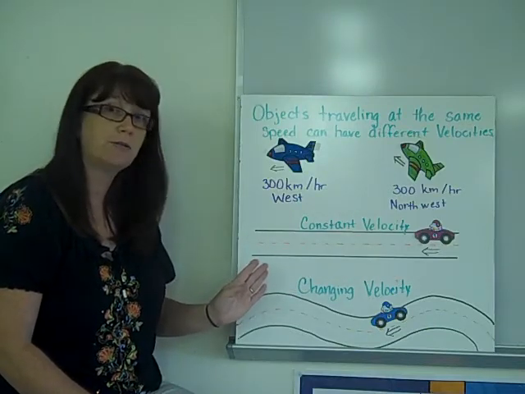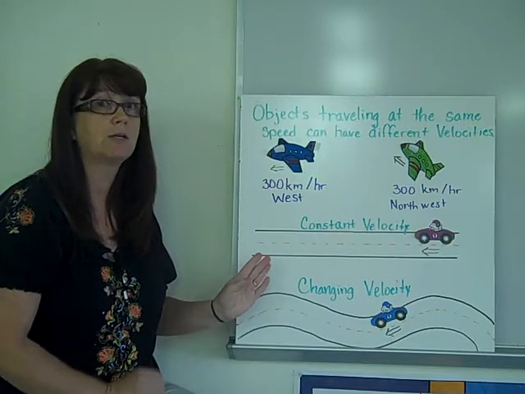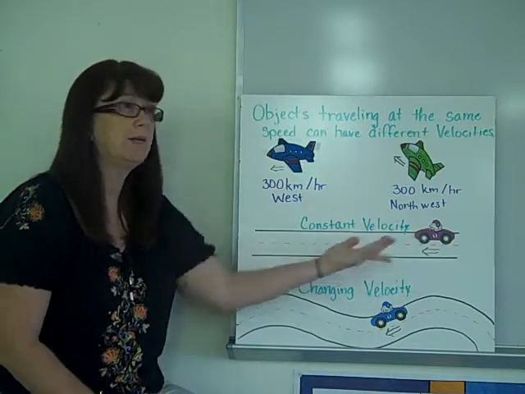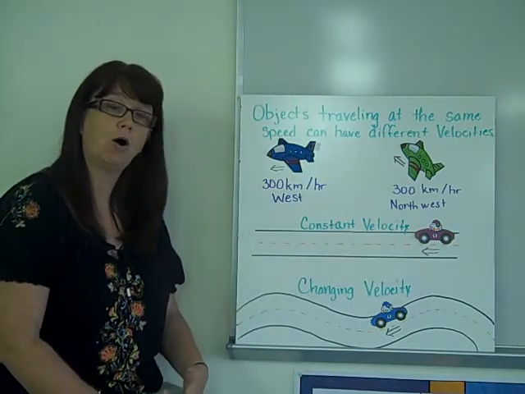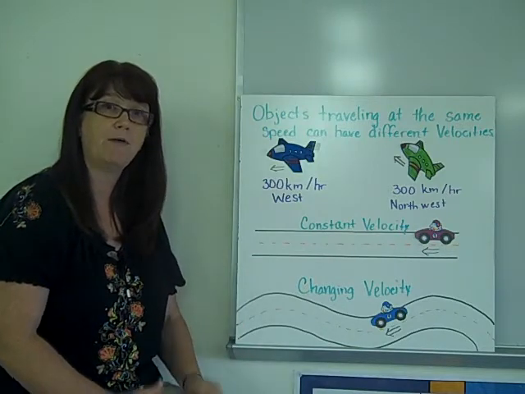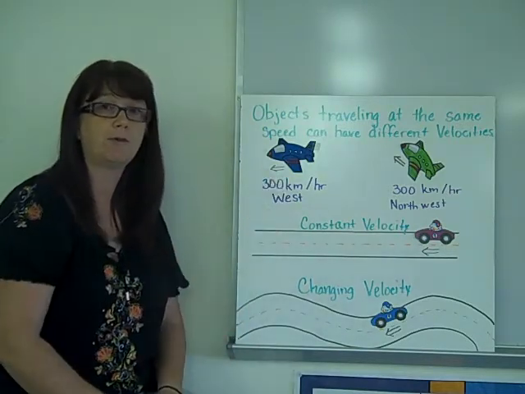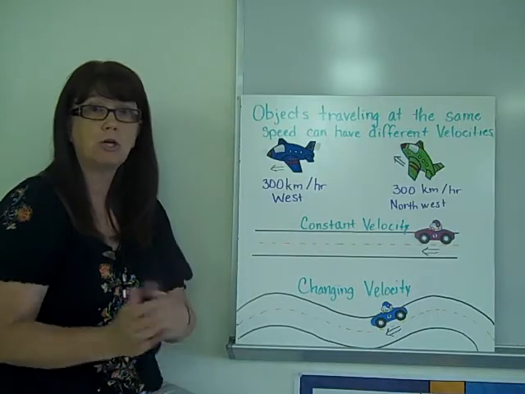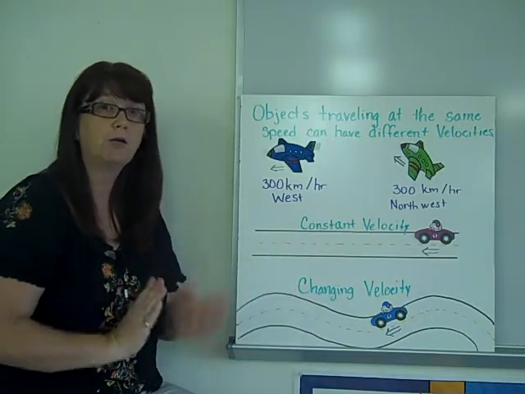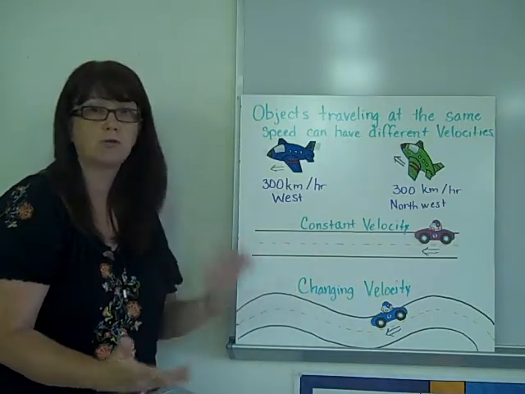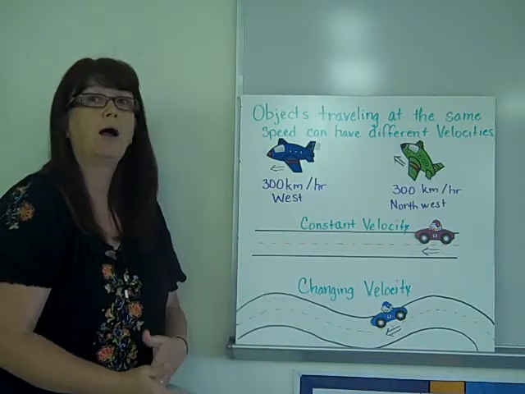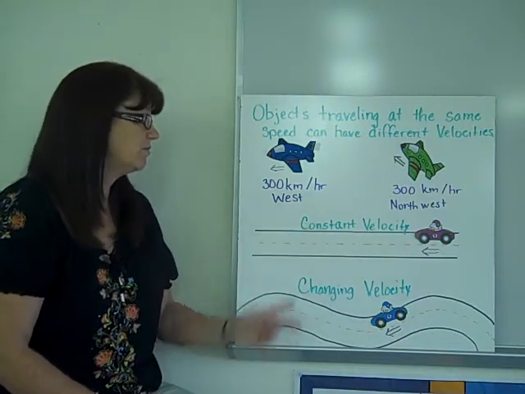They don't change their direction at all. So they're traveling in a straight line. So this would be an example of being in a car, getting on I-35, and you're going to travel straight on I-35 to Austin. You're not going to turn off left or right. You're going to go straight, and you've put your cruise control on for 70 miles per hour. That would be a constant velocity.